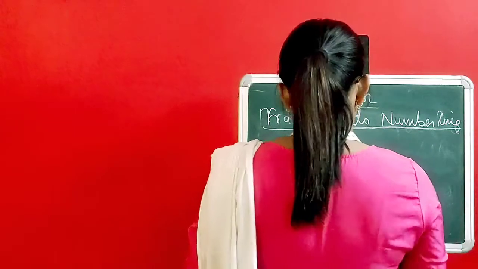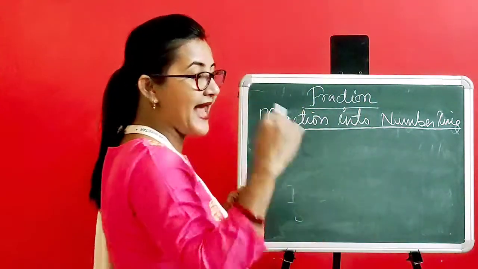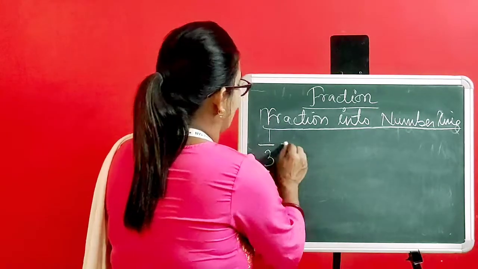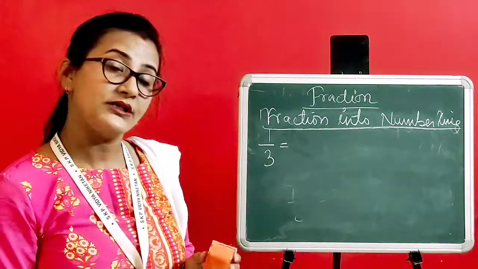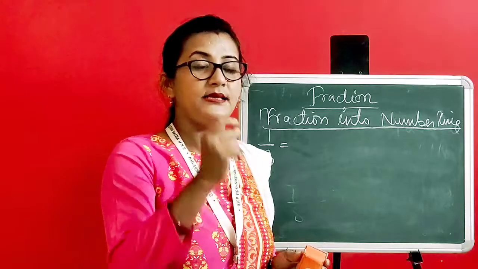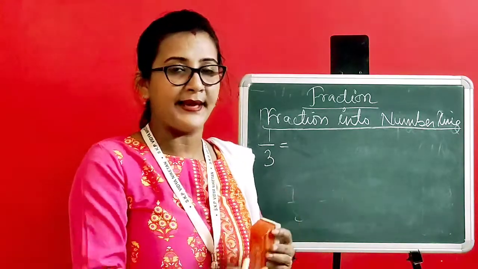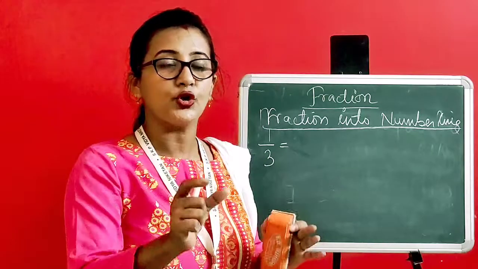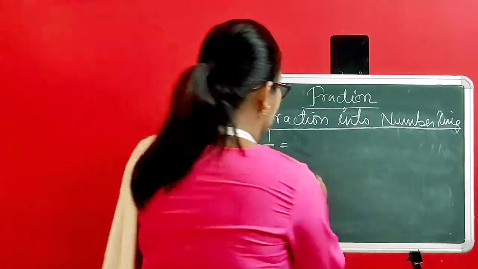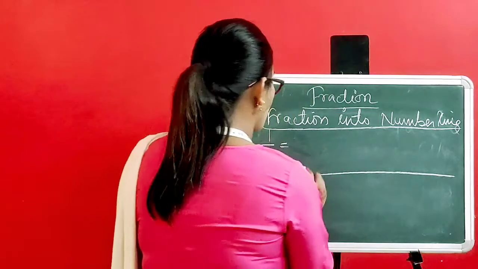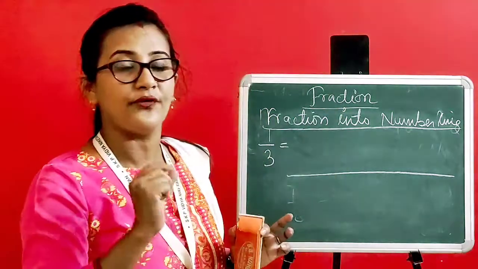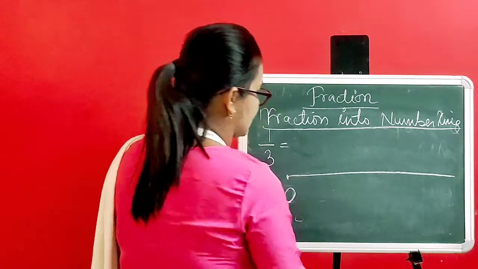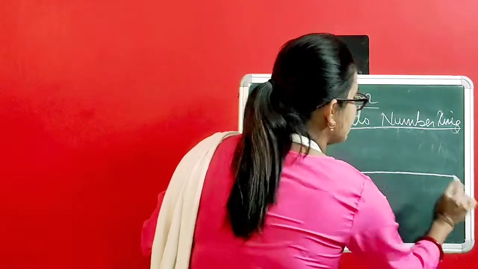Now suppose it has been told to you to represent 1/3 on the number line. Then what will you do? First of all, we divide the line from 0 to 1 into 3 equal parts. Just see, students, here it is 0 and here it is 1.